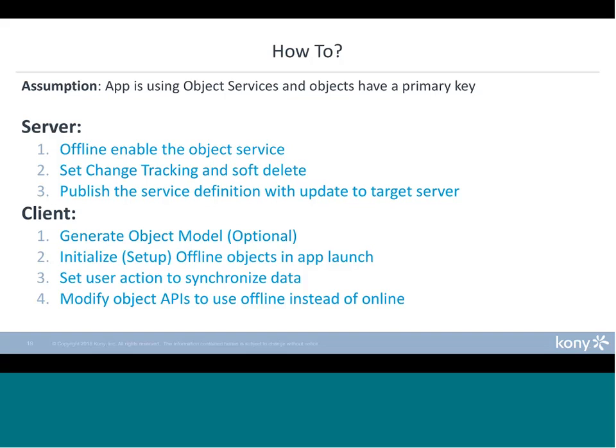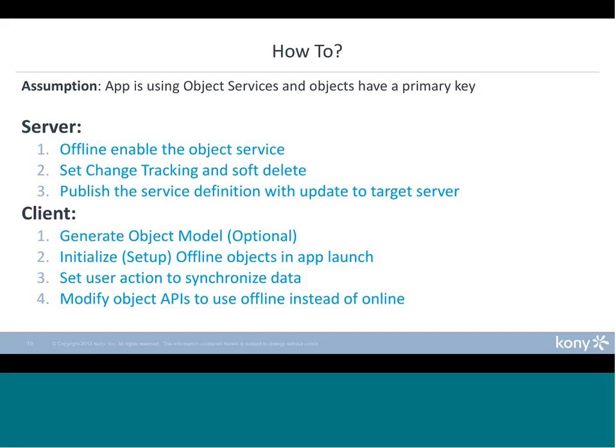And whether you are using object models or otherwise, it has a param which says online, which you need to change to offline in case you are using offline objects. So that is pretty much the change that you have to make to convert an existing online app that is using object service to an offline app.